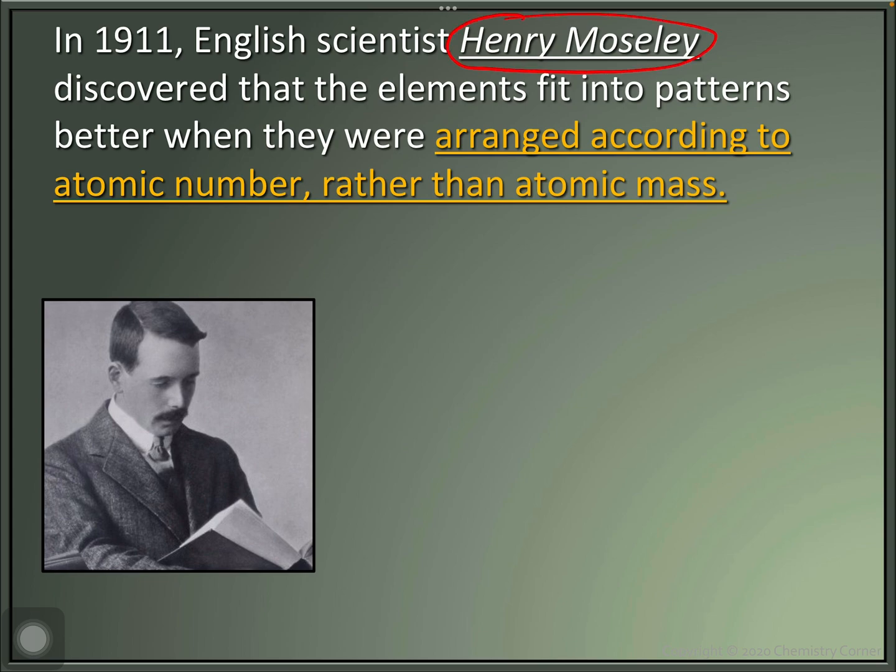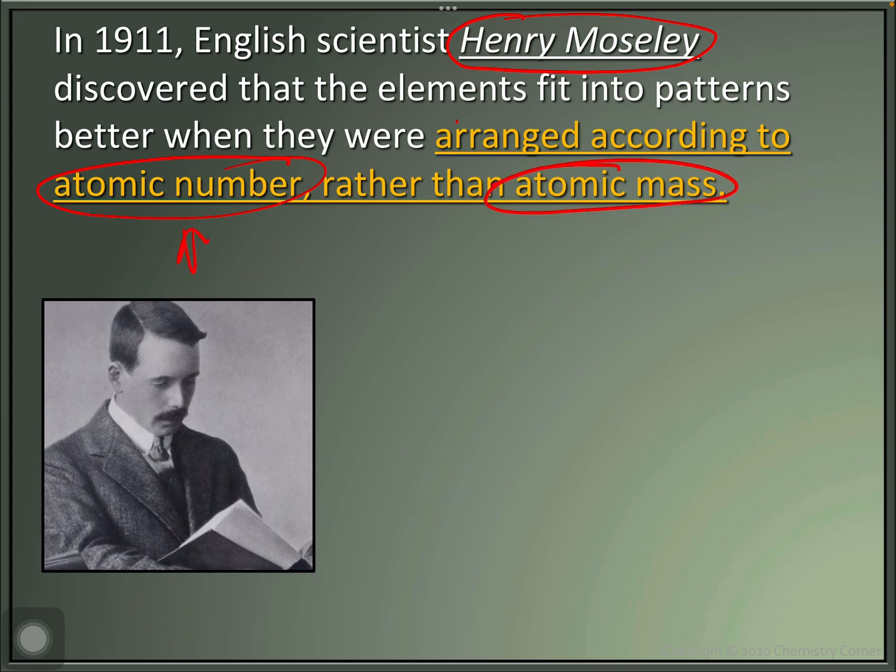And like you guys also talked about in your experiments, he contributed greatly to the periodic table. Mendeleev is the one that established and created it, and Moseley is the one that contributed to its completion, right? And he is the one that said that instead of arranging it in terms of atomic mass, we should arrange them in terms of atomic number.